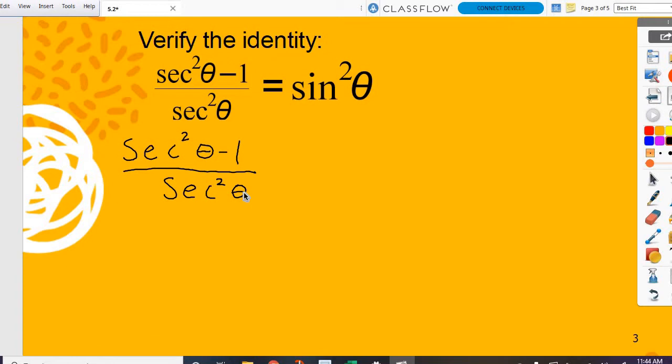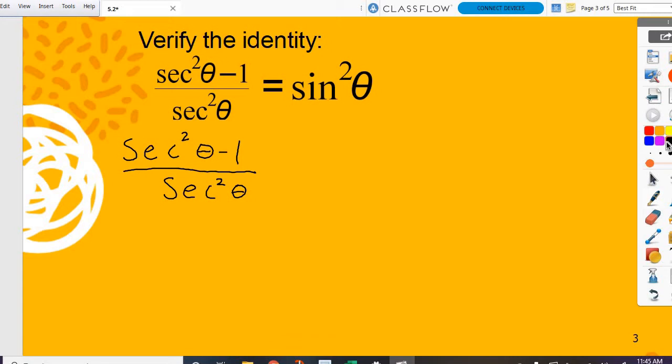Can we reduce those secants? Why not? Because of the minus 1 in the numerator. Agreed. So be careful with that, because a lot of people, that's their first instinct: they see something that looks like this and want to reduce the things that are the same. But because we have that subtraction of the minus 1, we can't reduce our secants.